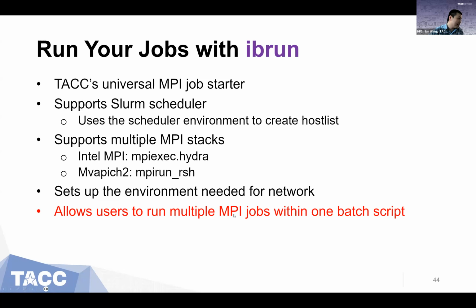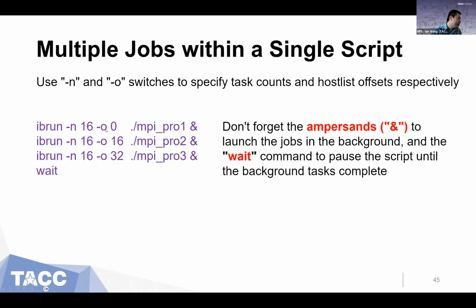You can also do some tricks to run multiple MPI jobs within a single batch script using ibrun. Here's an example: you can do ibrun -N 16, and -O means the offset, so you can run 3 different ibrun commands together.